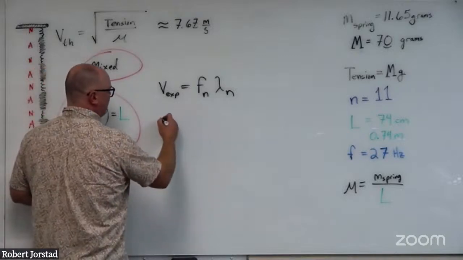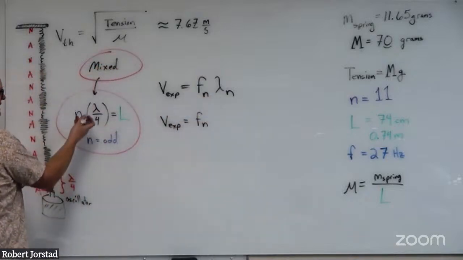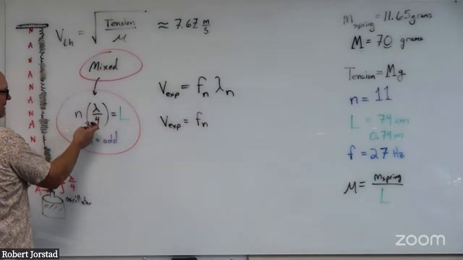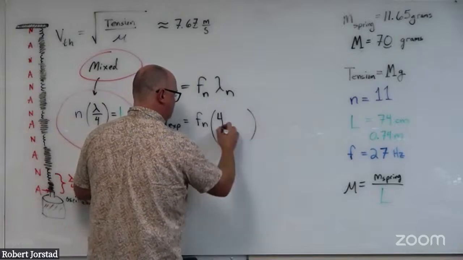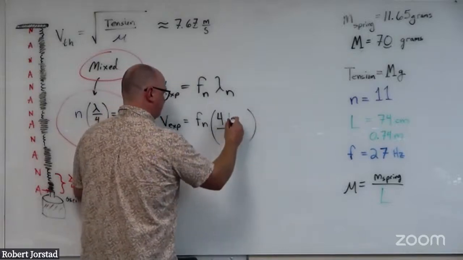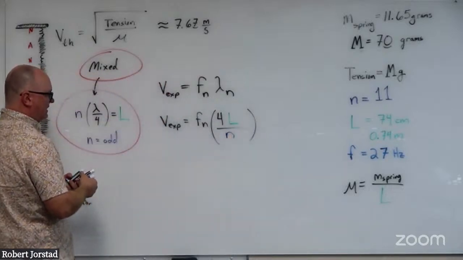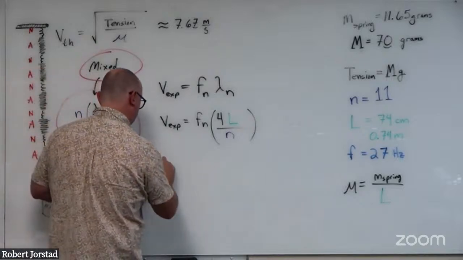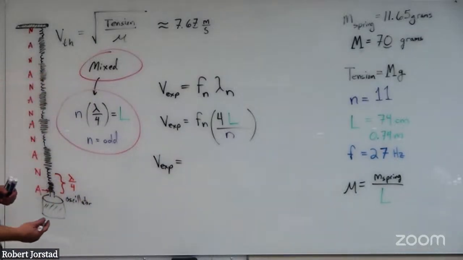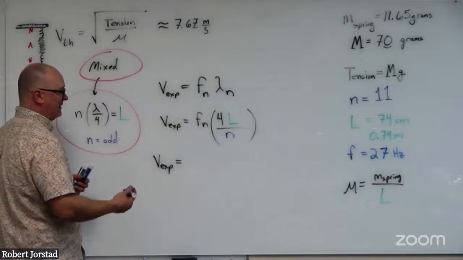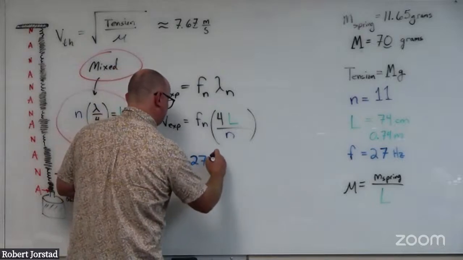Okay, so in this case, let's rearrange this equation for lambda. It'll be 4L over n. All right. And so in this case, let's plug in our numbers here. So for n equals 11, we found 27 hertz.